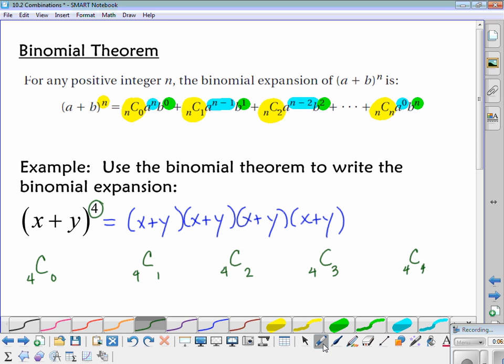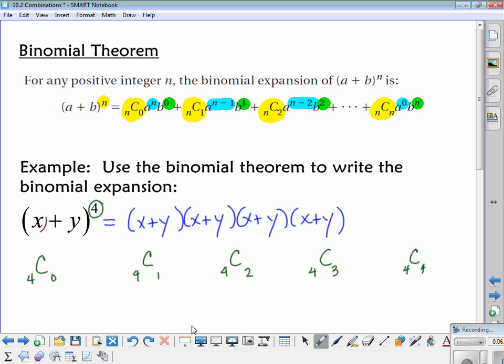Then I take my first term, so in this case x, and I'm going to start with x to the 4th, and I'm going to count down. X to the 4th, x cubed, x squared, x to the 1st, and x to the 0.